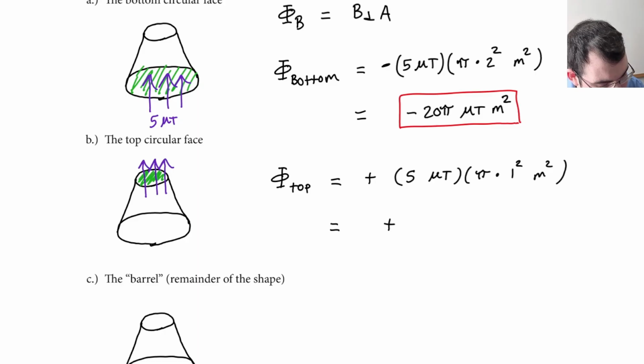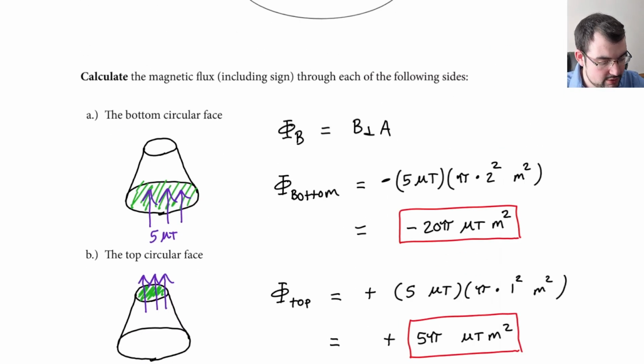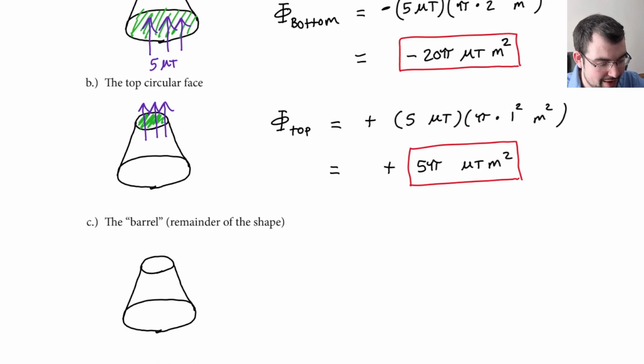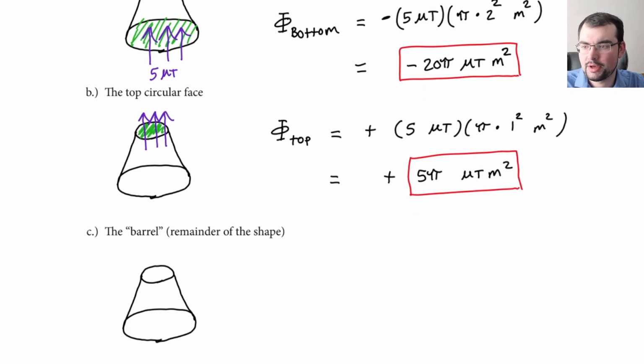So here we get positive 5 pi microtesla meters squared. So we got 20 pi in and 5 pi out. Flux is a scalar, but it is a signed scalar.